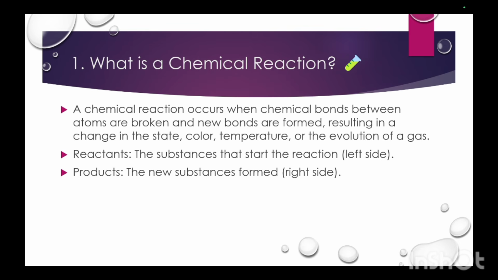The second is the change in color. Third is the evolution of a gas. The fourth is a change in temperature, and the fifth is the formation of a precipitate. Gentlemen, if you see any kind of change out of the five, there can be a chemical reaction. There can be all five cases, or there can be just one or two.